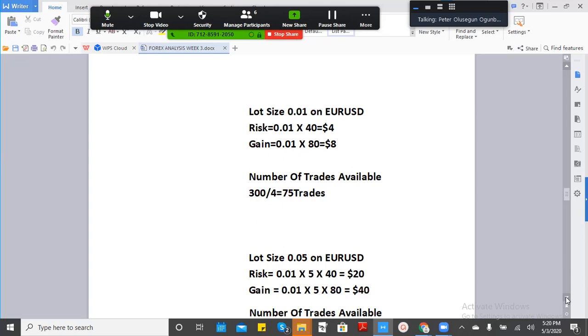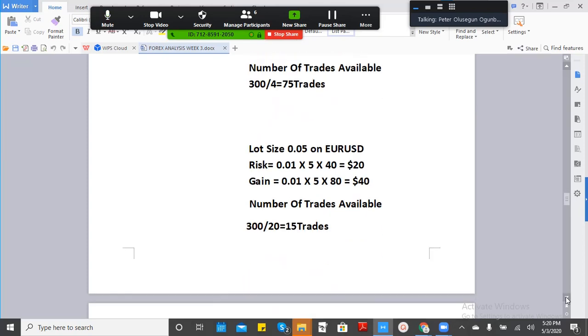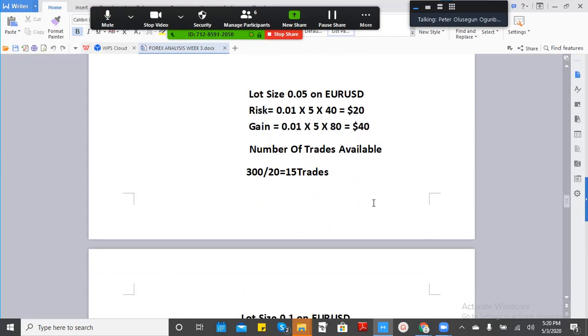But if you use something that is bigger on it as a day trader, because it's narrow, they can chop your pips quickly. Your 0.05 means that you are risking $20. You want to gain $40. When you do 0.05 and not 0.01, because you see, $4, $8 is small for me.